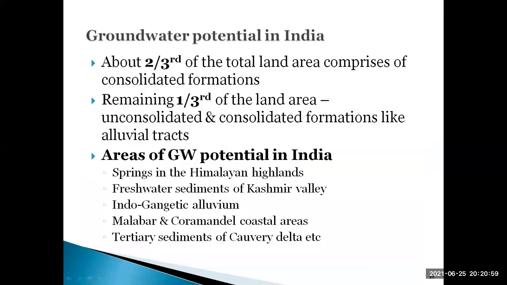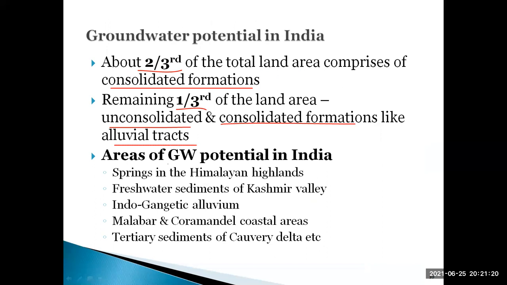Coming to the groundwater potential in India, about two-thirds of the total land area comprises consolidated formation, and the remaining one-third is unconsolidated formation like alluvial tracts.